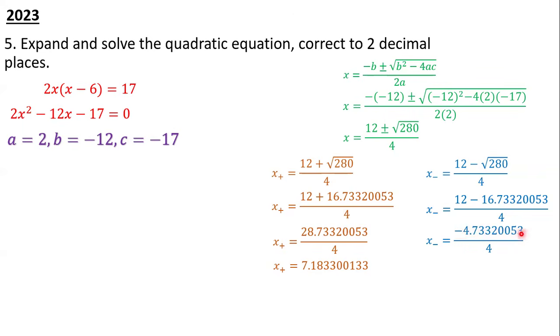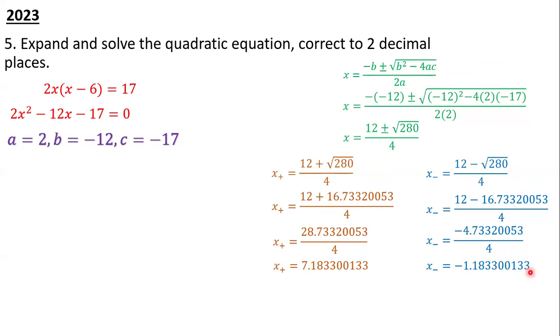So we take this numerator and we divide it by 4. We take negative 4.73320053 and divide it by 4. And when we divide these two, we get that x negative is equal to negative 1.18330013.